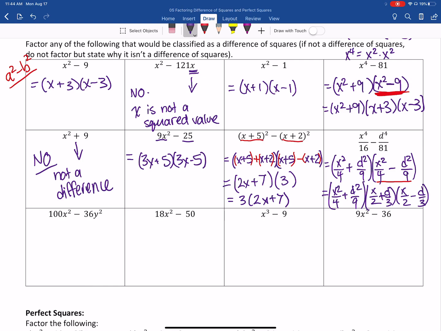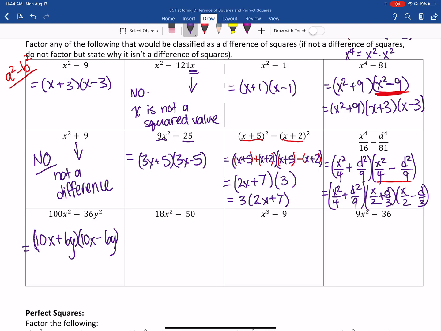Okay, this bottom. Yes, square root of 100 is 10, and then square root of x to the 4 is x squared, and then 36 is 6y. 1 is positive, 1 is negative.